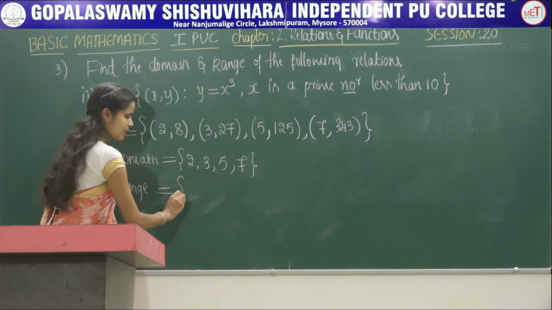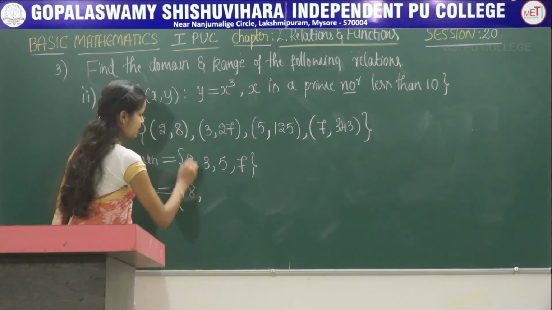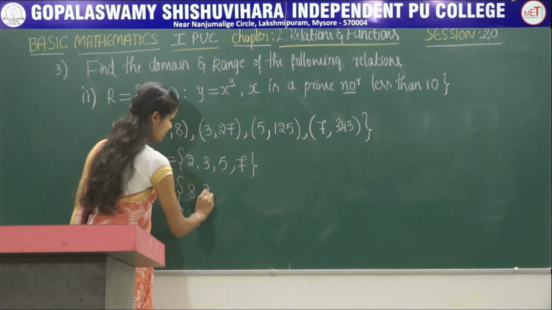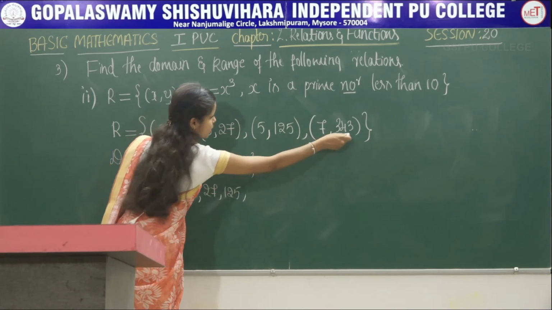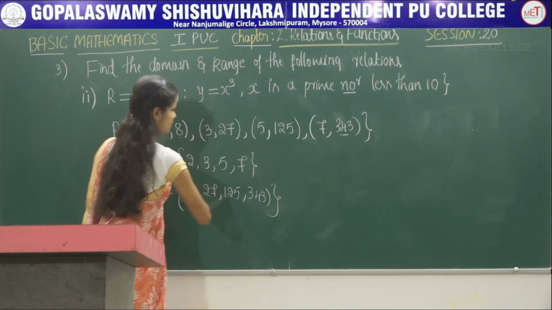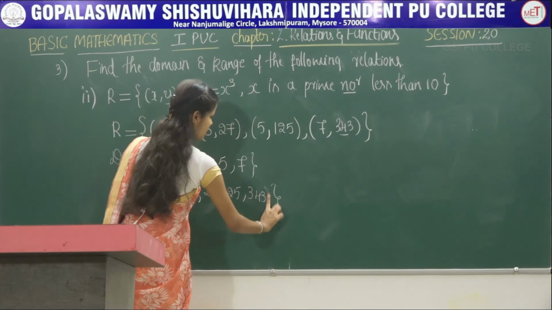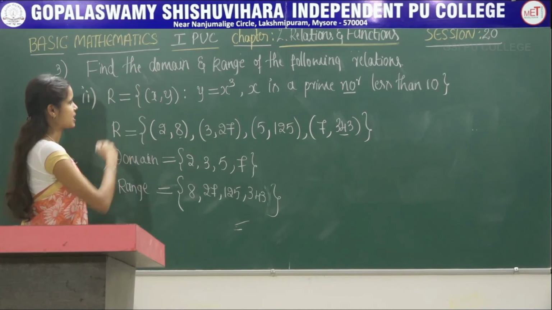Next, range. Range means the set of all second elements of the ordered pairs. The second elements are 8, 27, 125, 343. This is the domain and range for the given relation R.